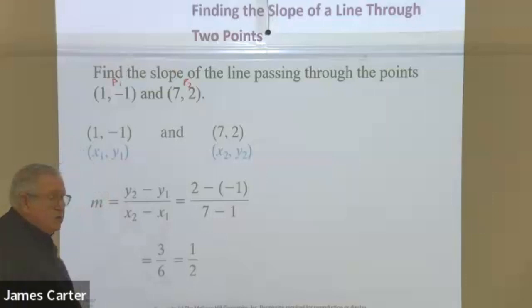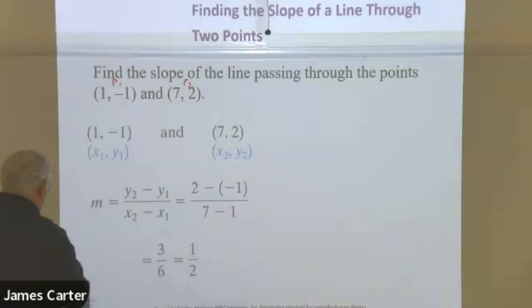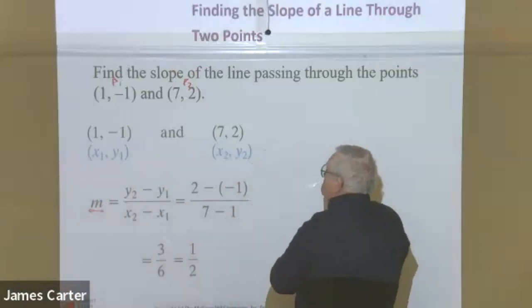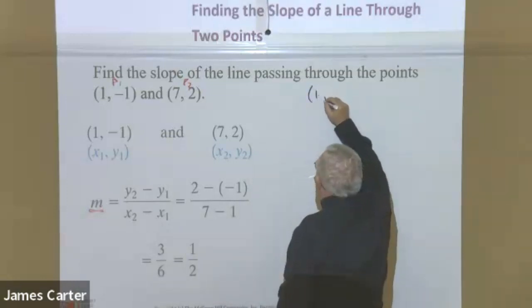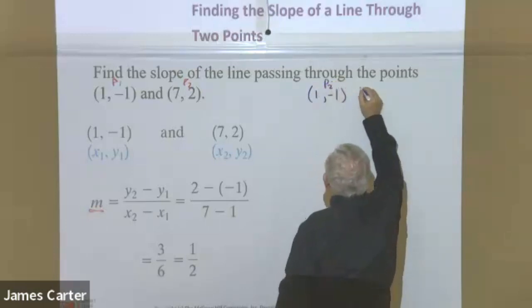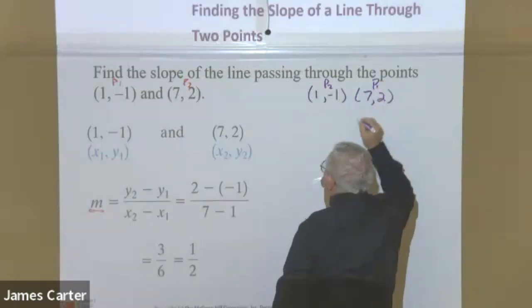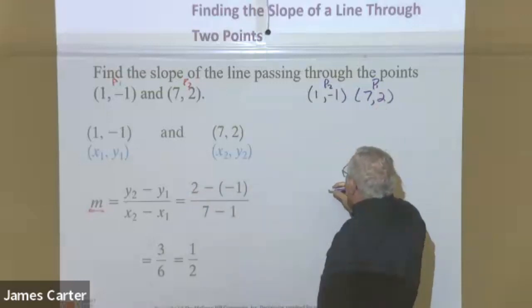You get 3/16, which reduces to a slope of 1/2. By the way, we use the letter M to denote slope in algebra. Now, the reason that I prefer to call these the other way: if I have this one, 1, -1 as point 2, and I have 7, 2 as point 1 in that formula, then it makes it quite easy.